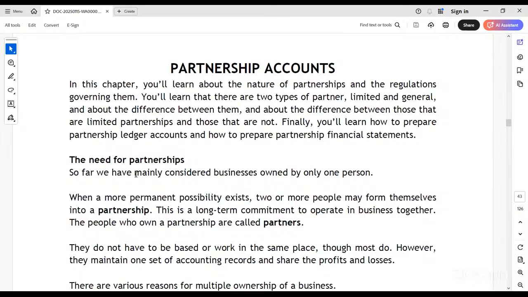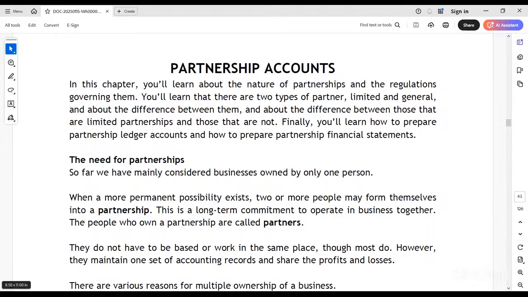Now, the need for partnerships. So far, we have mainly been concerned with businesses owned by one person. But in a partnership, it's something different.